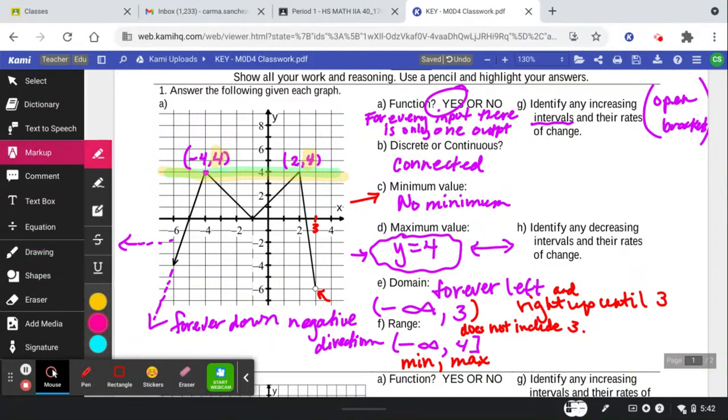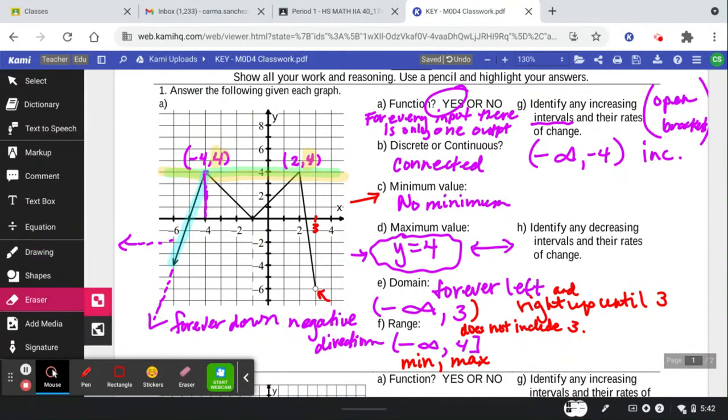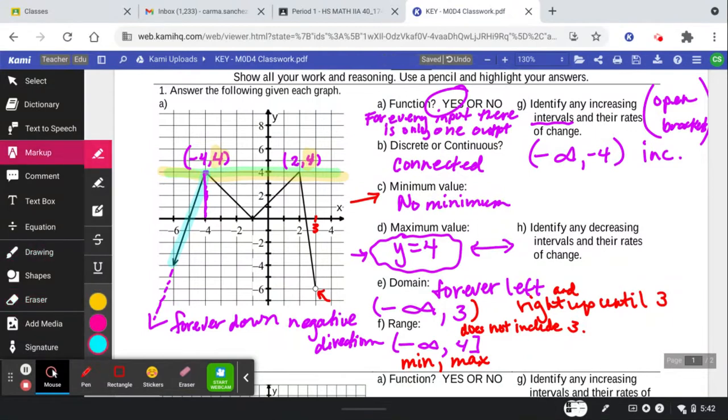Okay, so my first section, do you see it right here, is increasing. Let's get a different color, blue. Here it's increasing from negative infinity up to -4. Then look at this next section.